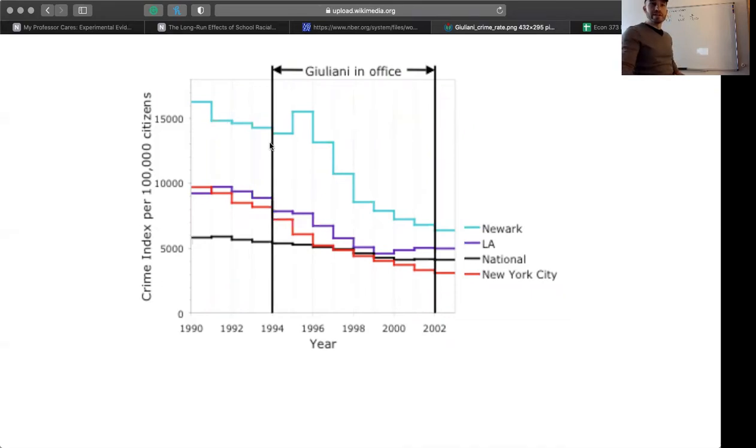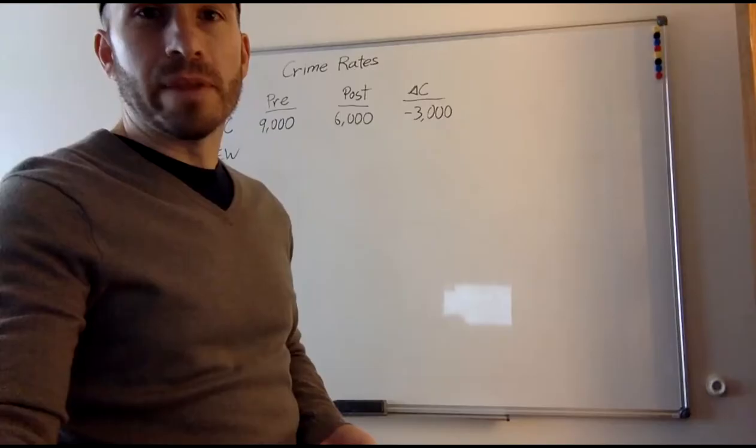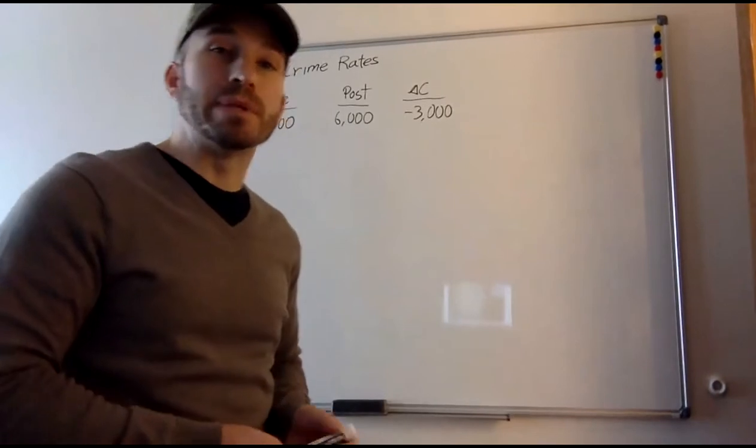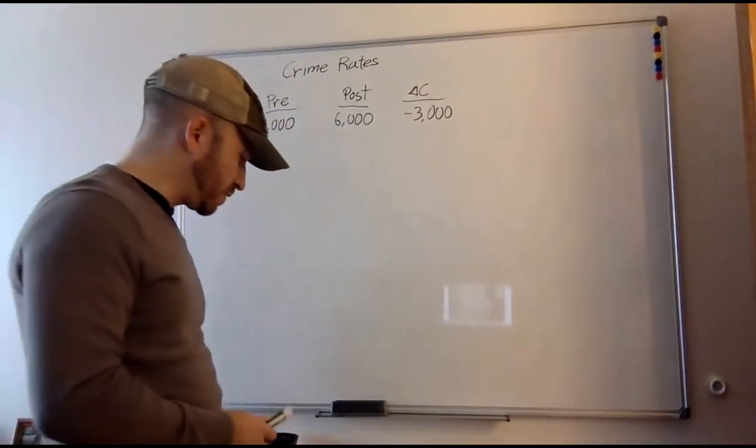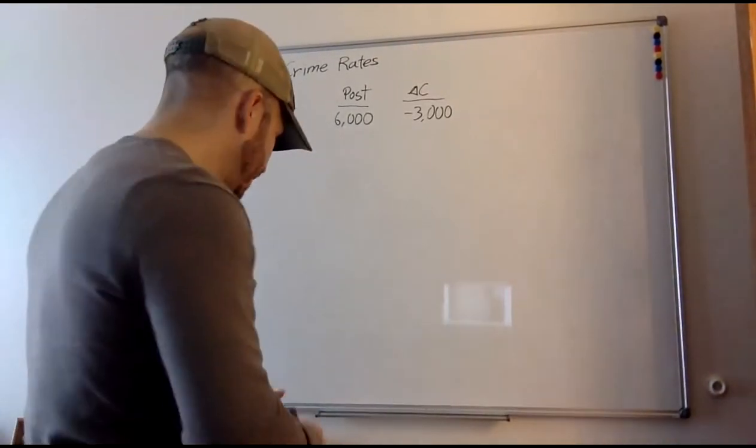Does this trend seem to fit with this trend, and then do they deviate from one another after Giuliani takes office? That's the rough idea of what we're going to be doing with a difference in differences strategy.